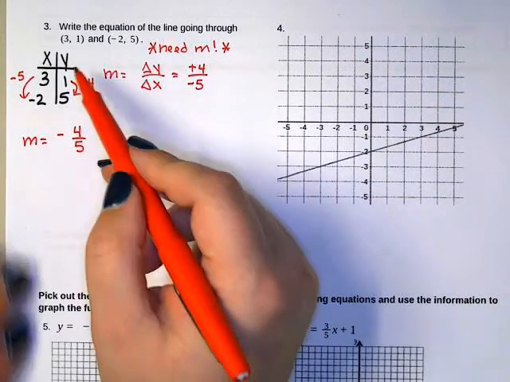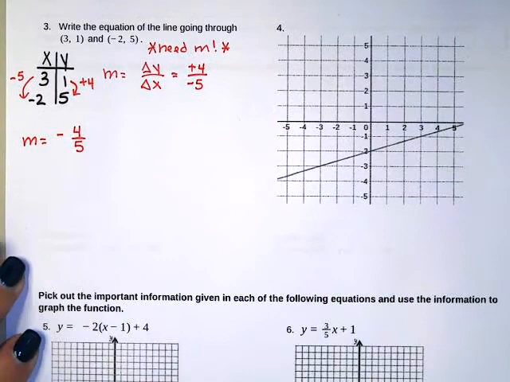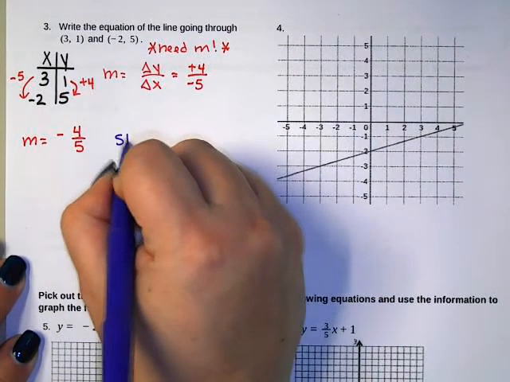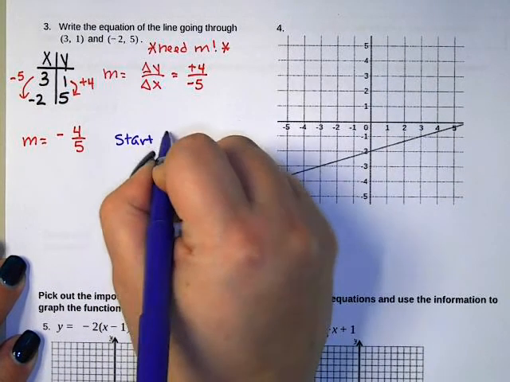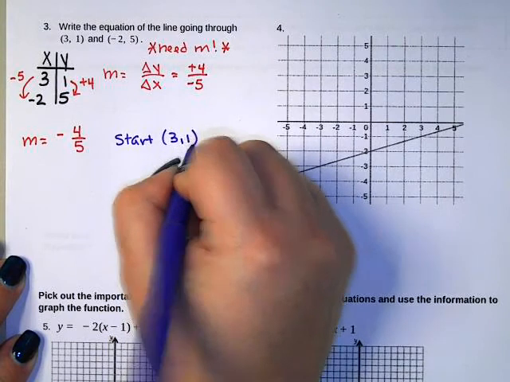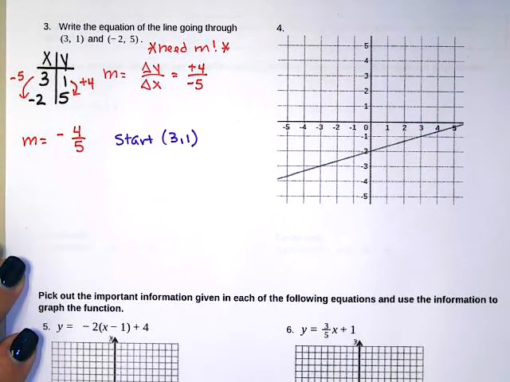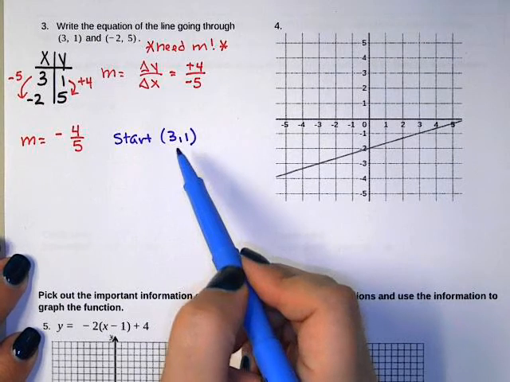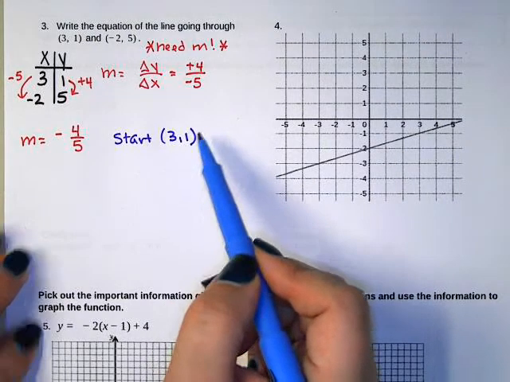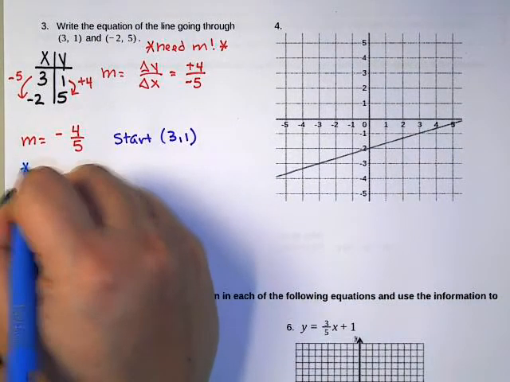And I can pick either one of these points as my starting value. So I'm going to go ahead and pick a starting value of (3, 1). That means in order to write this equation, because this is not an x value of 0, I'm going to need point-slope form.